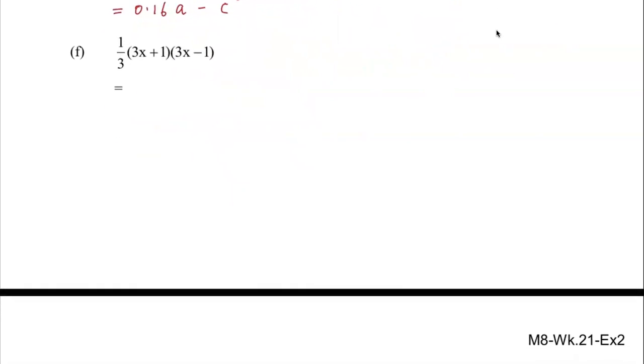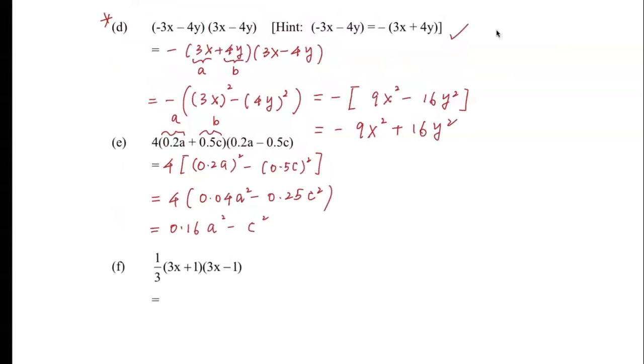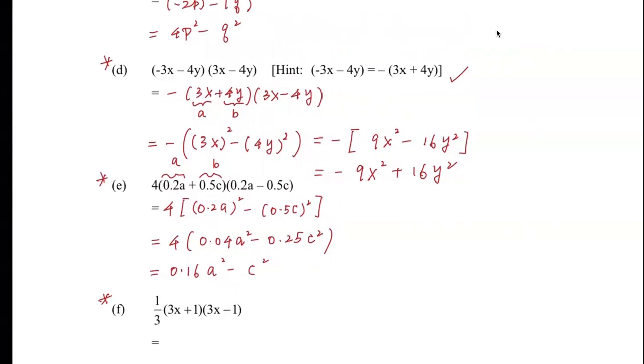F, 1/3. Question D, question E, question F, in these questions we all have a coefficient that's not equal to 1. In question D, after we manipulate the expression, the coefficient is minus 1, because a minus sign means minus 1 times the expression.